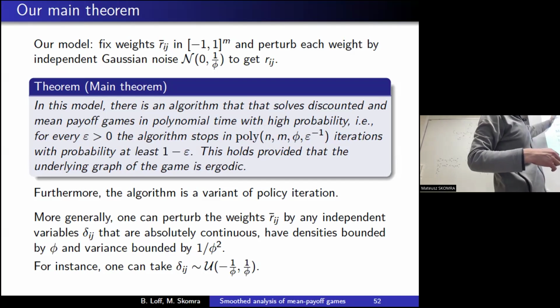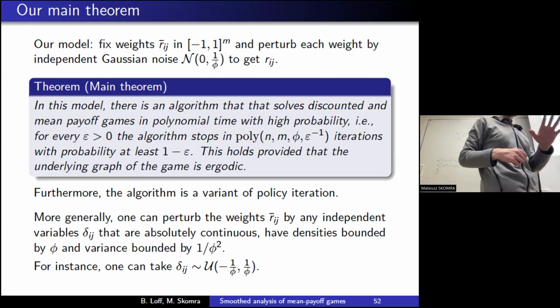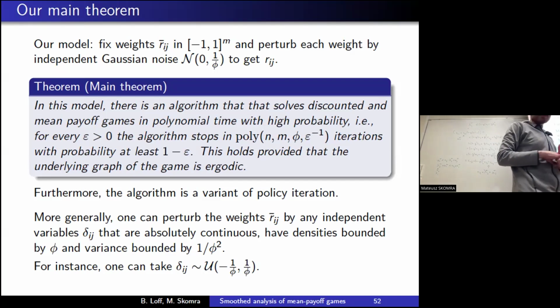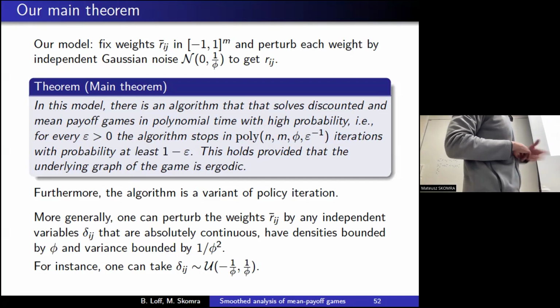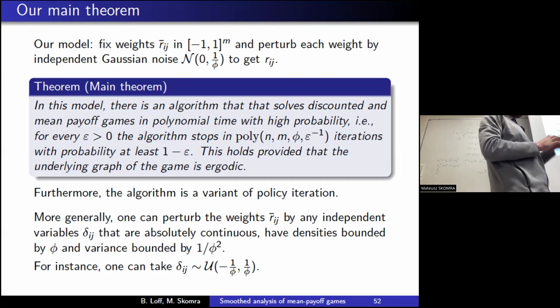Okay, and there is an assumption that we have in the paper that the underlying graph has some kind of special structure. I will explain this. Furthermore, our algorithm is a variant of a policy iteration method, one of these methods that we use. And our result is even a little bit stronger.